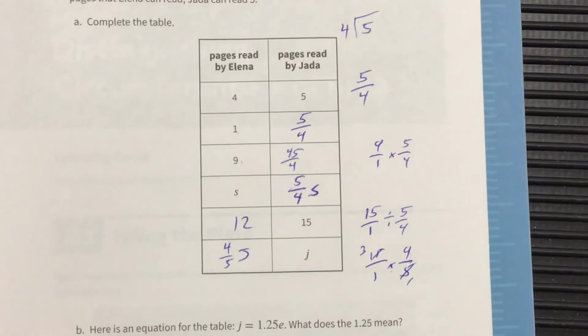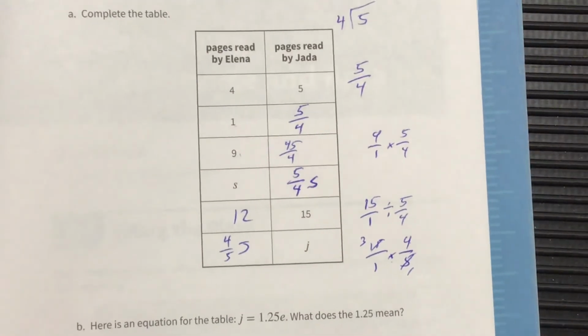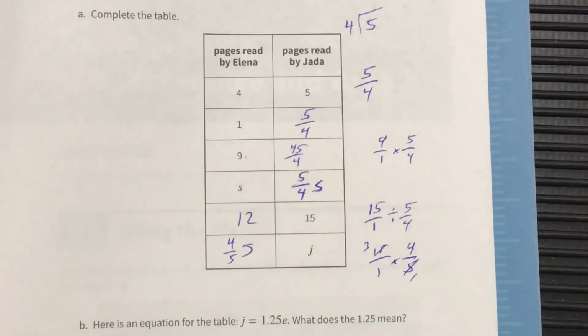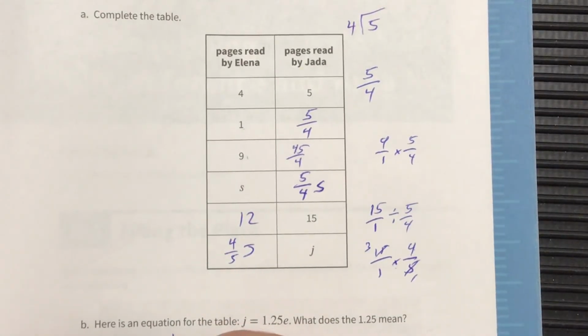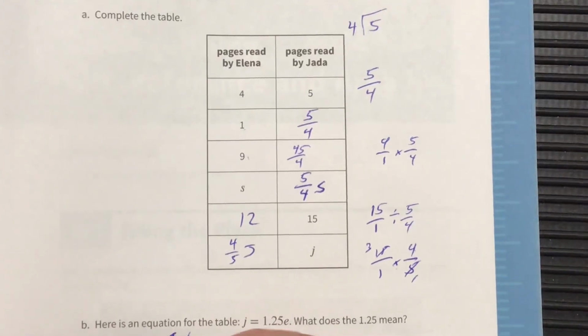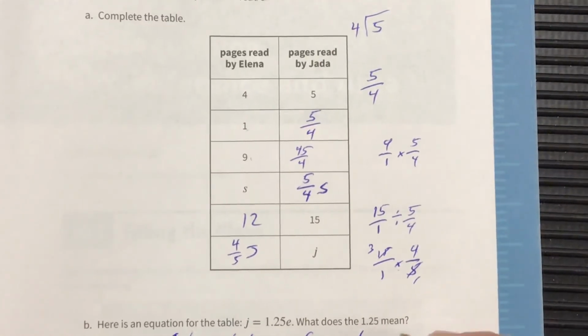All right, B, here's an equation. What does a 1.25 tell you with regards to this problem, Jonas? How many pages Jada can read compared to Elena. Yeah. Jada reads 1.25 pages for every 1 page Elena reads.